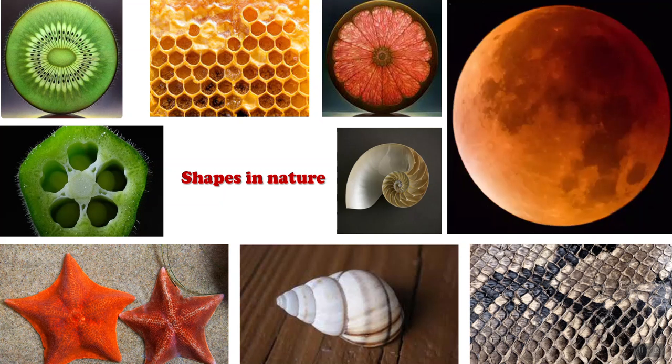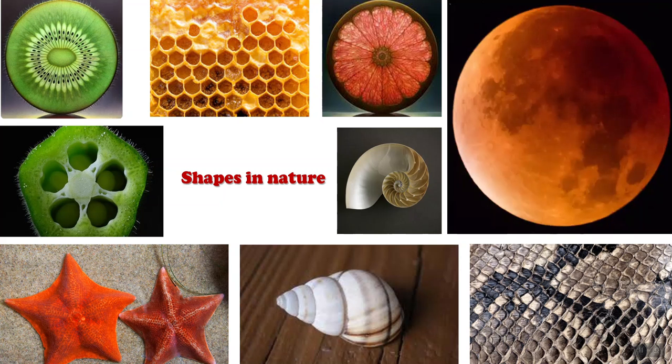Next, there is a honeycomb made by bees, which are perfect hexagons joined together to form a pattern. A grapefruit, for example, makes a very pretty design inside. The moon is a sphere.